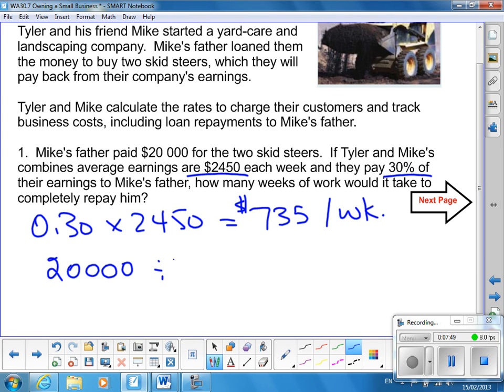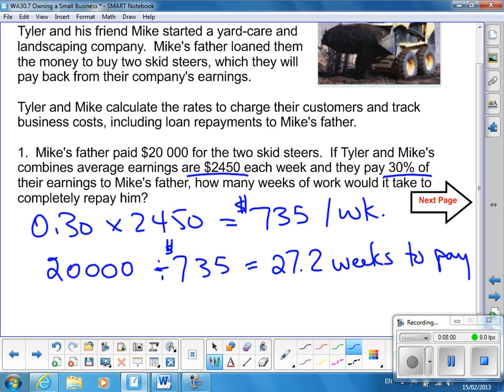You're going to divide it by $735 a week, and it comes out to 27.2 weeks to pay off the loan. So you would round it up because you can't pay 0.2 of a week, so 28 weeks to repay Mike's father.